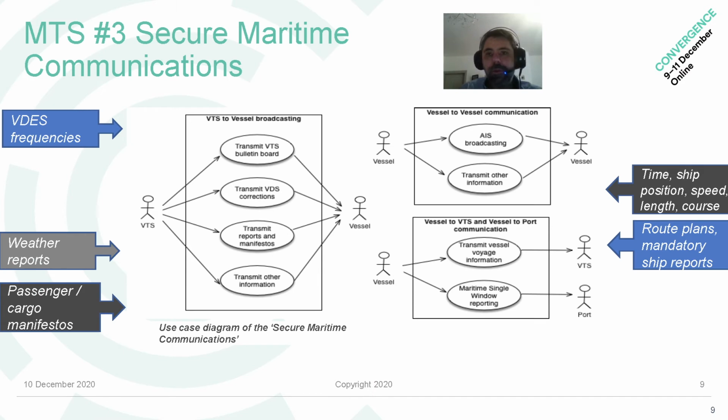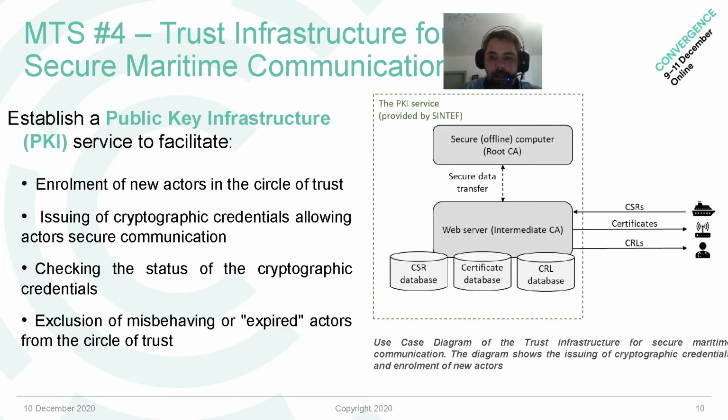The third group is the secure maritime communication services that will provide mechanisms in order to ensure the integrity, confidentiality, and availability of vessel-to-vessel, vessel-to-port, and port-to-port communication. And last but not least, we're going to develop a trusted environment. Actually, we're going to establish a PKI infrastructure that enables actor authentication and facilitates the secure exchange of information.